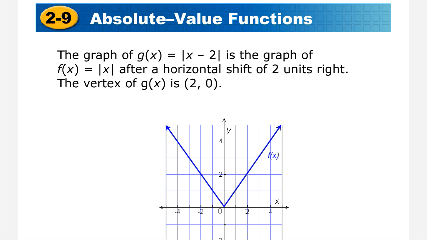And when we graph that, we are going to go 2 to the right. And the new vertex is (2, 0).